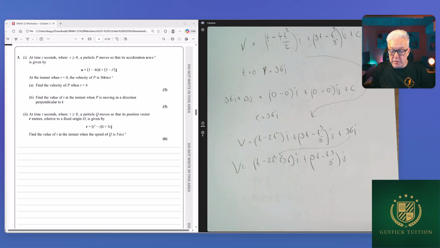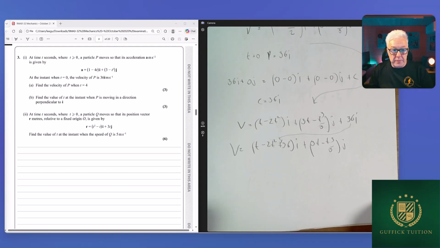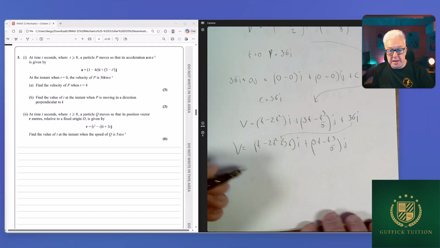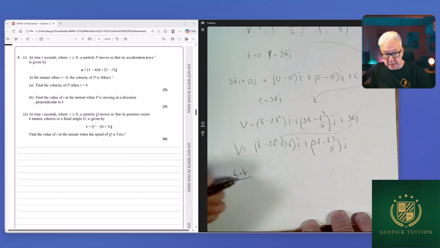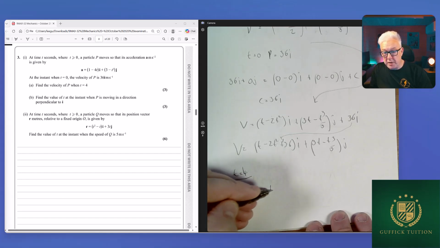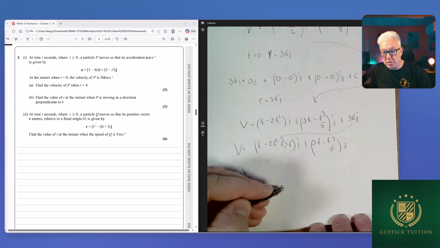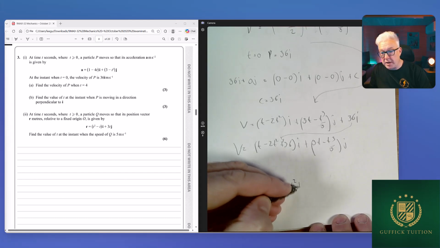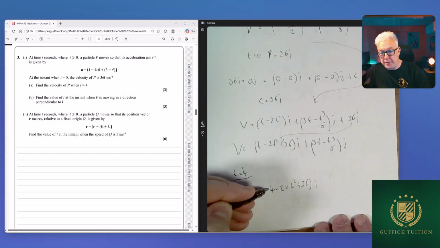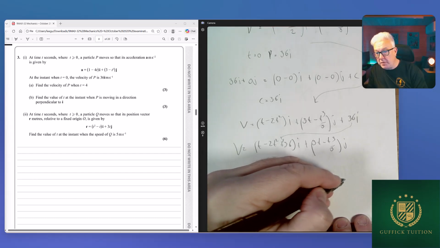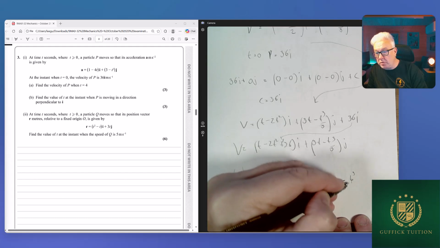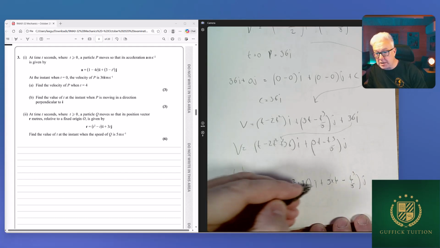Now what we're going to do is find out what this is when t = 4. So the velocity when t is 4 is going to be (4 - 2 × 4² + 36)i + (3 × 4 - 4³/3)j.